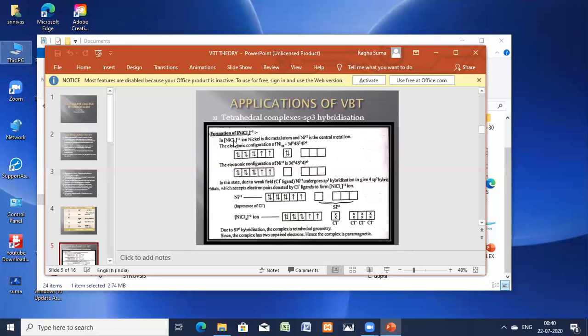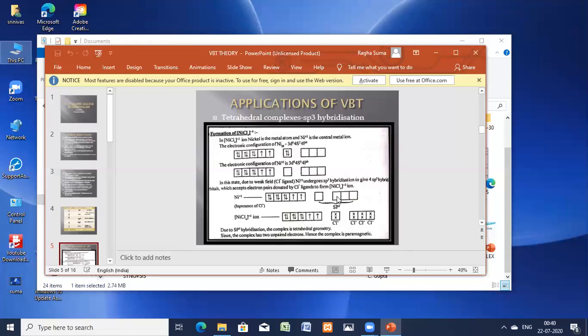So 4 chloride ions are there. It is showing 4 hybrid orbitals. It has formed 4 hybrid orbitals. Now it is ready to bond with the chloride ligands. So nickel is in the center and 4 sp3 hybrid orbitals of nickel are in a tetrahedral arrangement.